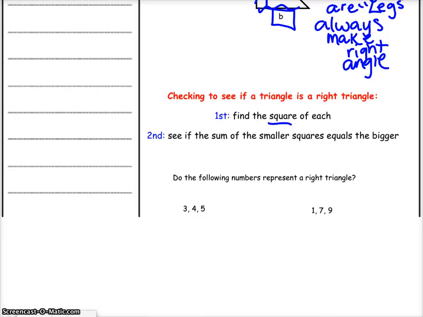So what I do is I find the square of each. And then I see if the sum of the smaller squares equals the bigger square. Maybe put square. That's me satisfying A squared plus B squared equals C squared. A and B are the smaller dimensions.